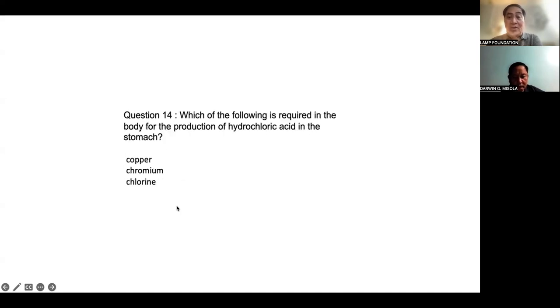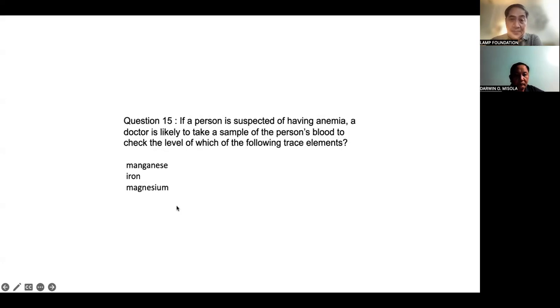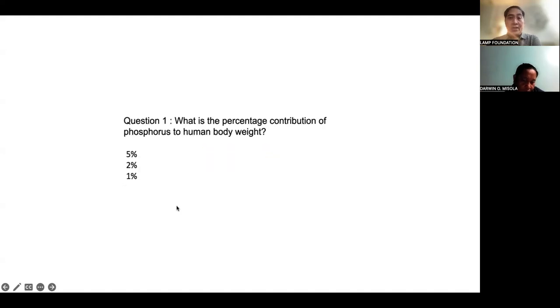Which of the following is required in the body for the production of hydrochloric acid in the stomach? Chlorine. If a person is suspected of having anemia, a doctor is likely to take a sample of the person's blood to check the level of which of the following trace elements? Iron, doc. What is the percentage contribution of phosphorus to human body weight? 1%.